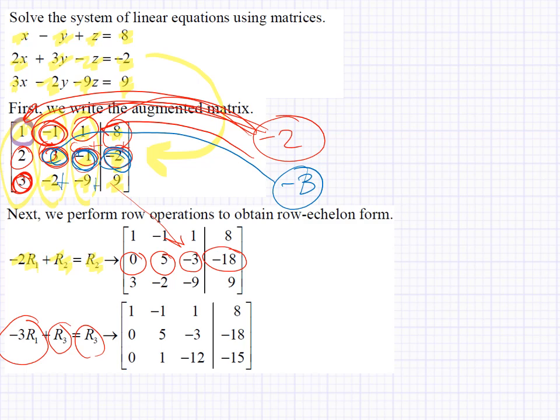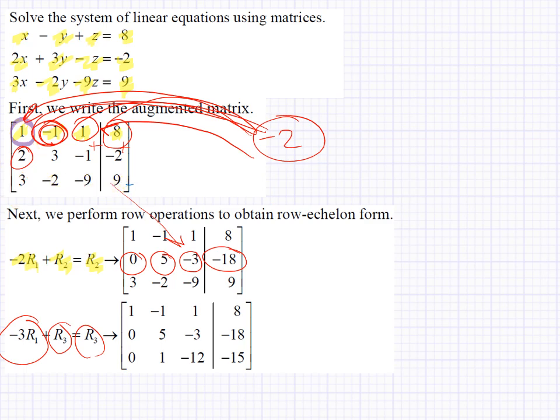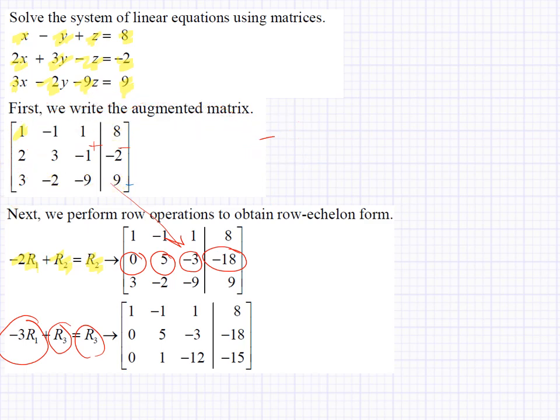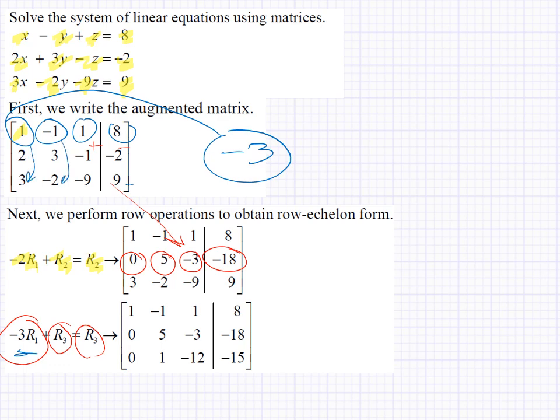Things are getting a little messy here. Let's clean this up. If I take negative 3 times each one of these values, row 1, and add it to row 3, that'll give me my new row 3.